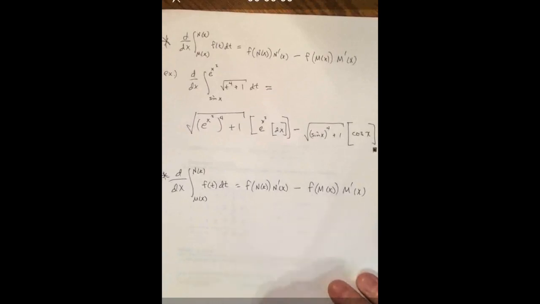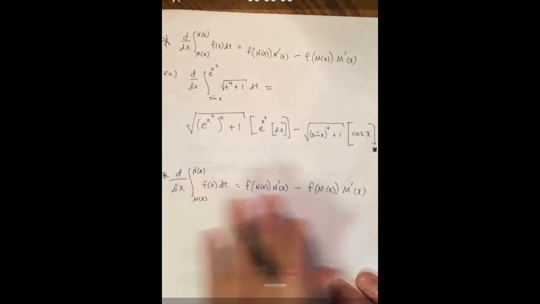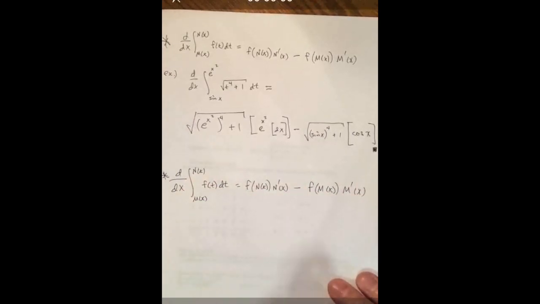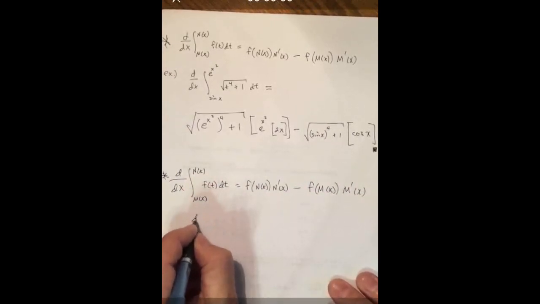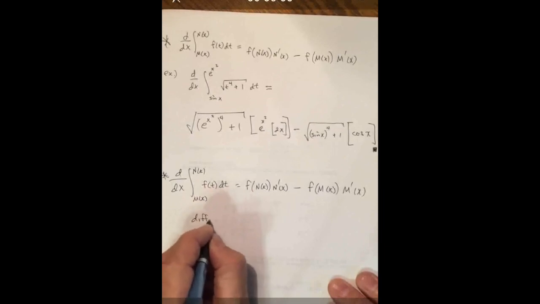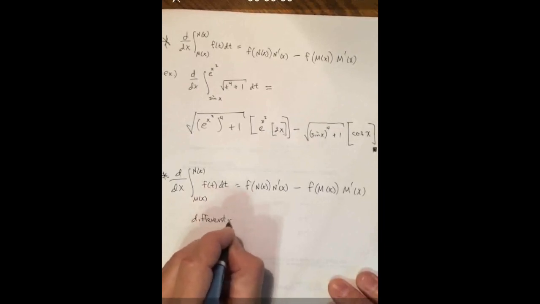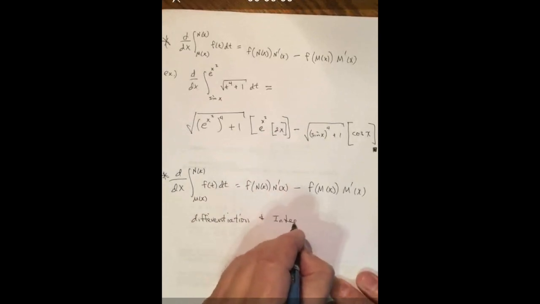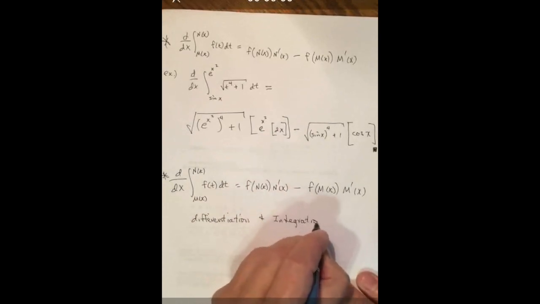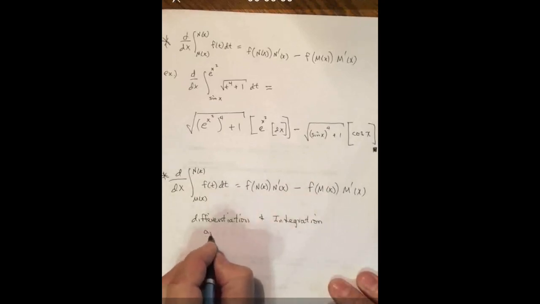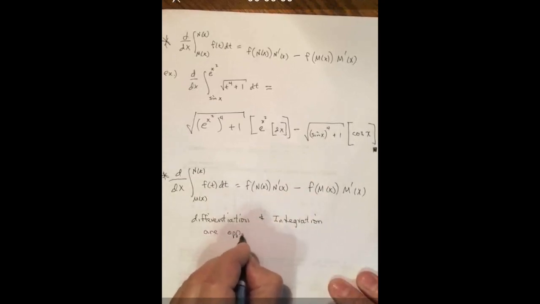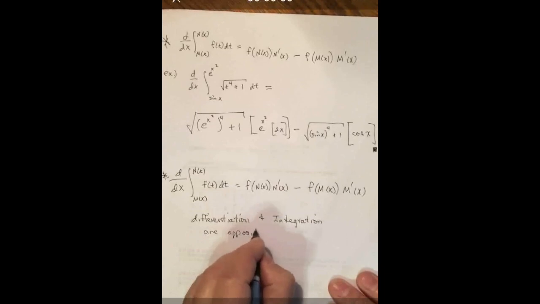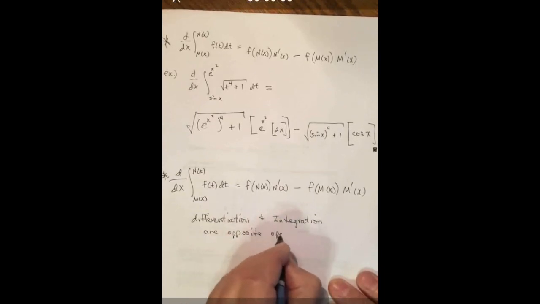What the second part of the fundamental theorem of calculus really says, and it's hard to see it with all this notation, is that differentiation and integration are opposite operations.